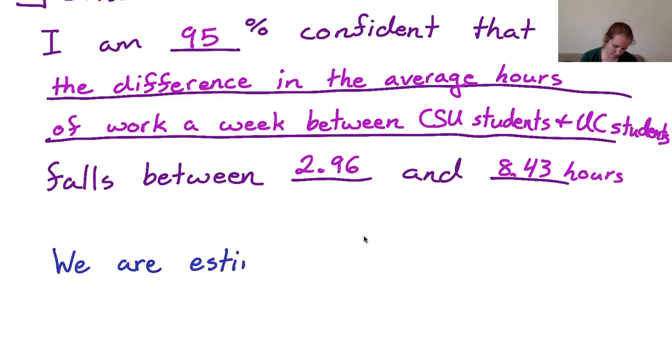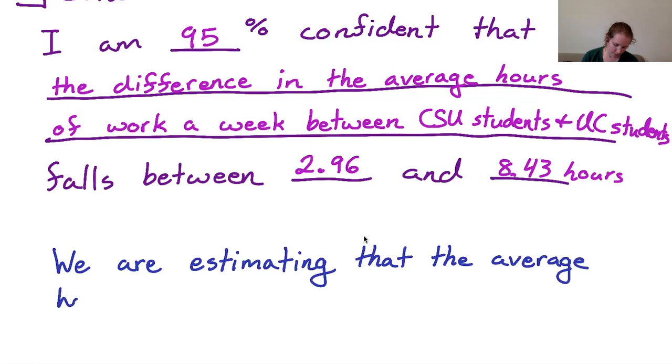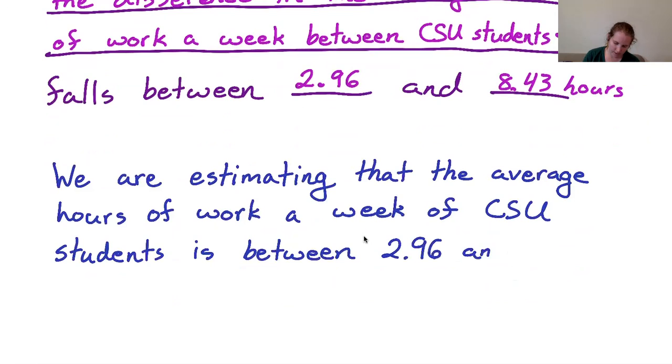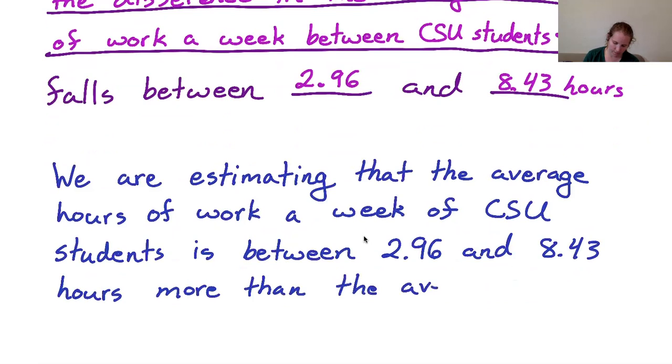So we are estimating that the average hours of work a week of CSU students is between 2.96 and 8.43 hours more than the average of UC students.